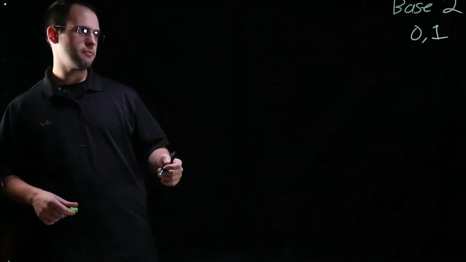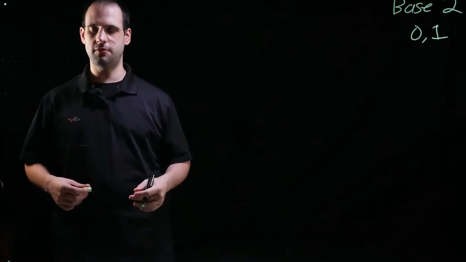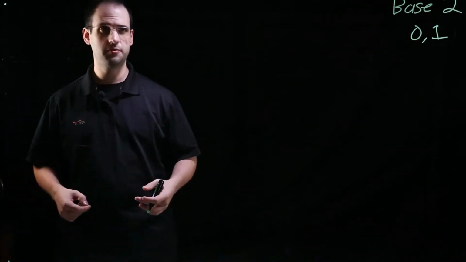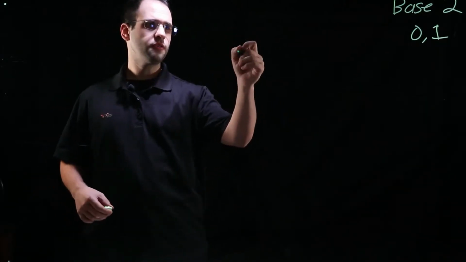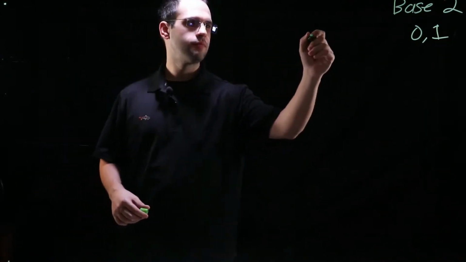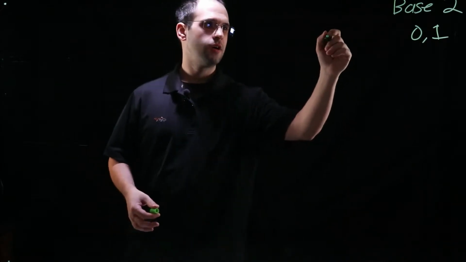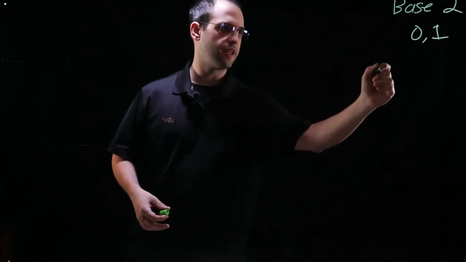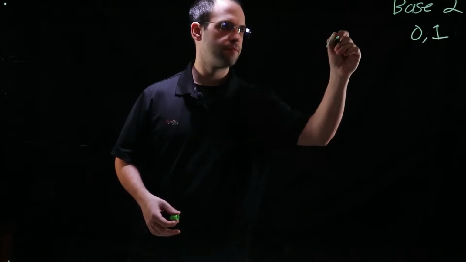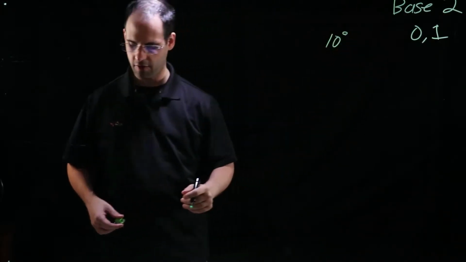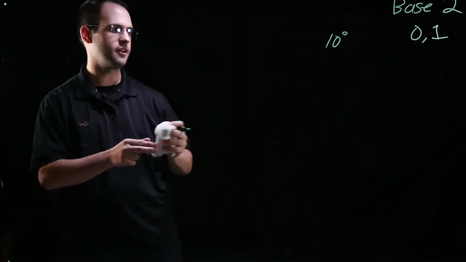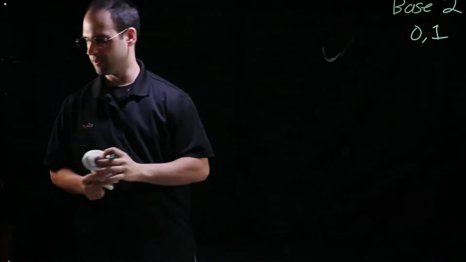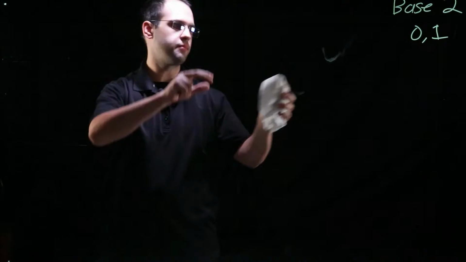I'm going to build a small number line to start, and then we'll move up to something a bit bigger. Remember, starting on the right, before I had 10 raised to the 0th power. But now we're going to do something a little bit different.